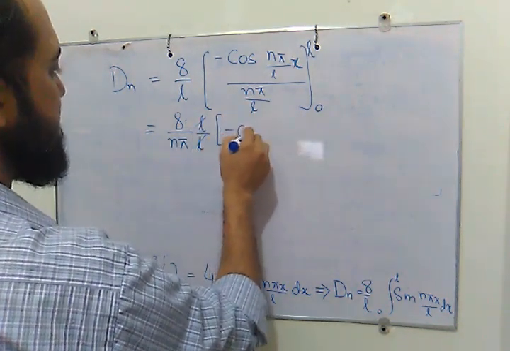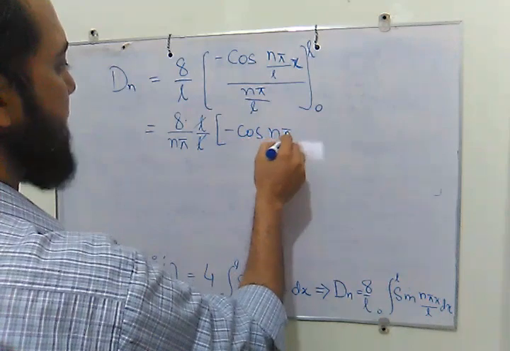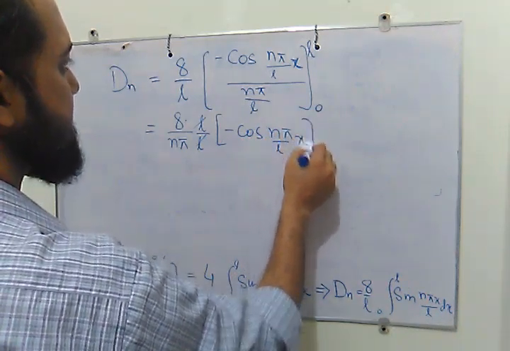Here we have minus cos n pi x upon L from 0 to L.